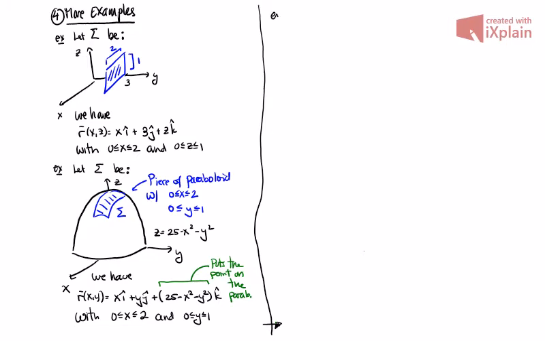Let sigma be, so what I'm going to do is take the same paraboloid, but I'll take a disk piece of it. Same exact thing here, but the piece that we're going to take is a radius 2 disk. So it's like the cap of the paraboloid. It's a badly drawn paraboloid, but that's okay.